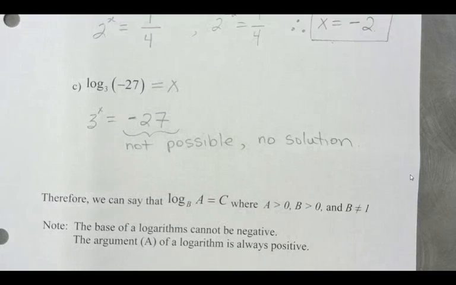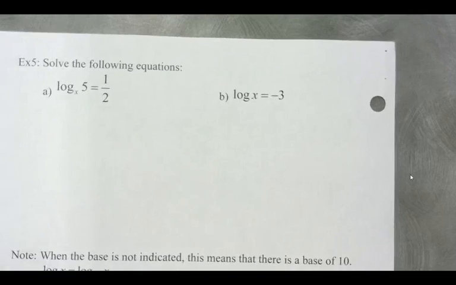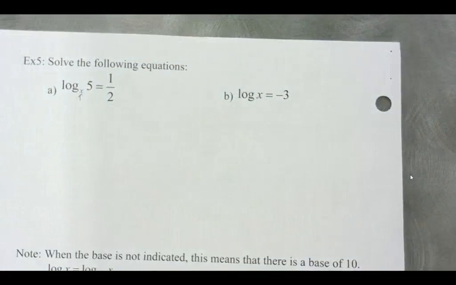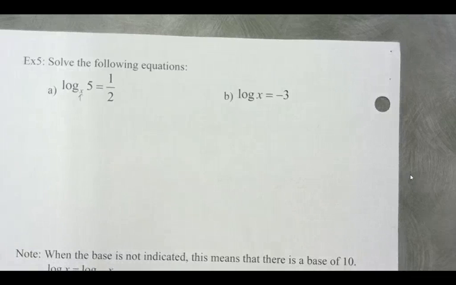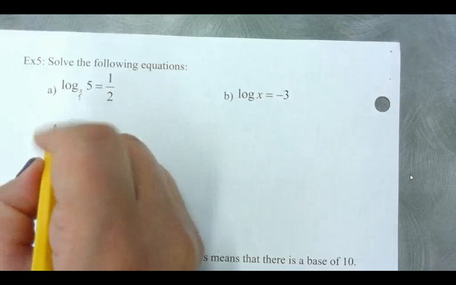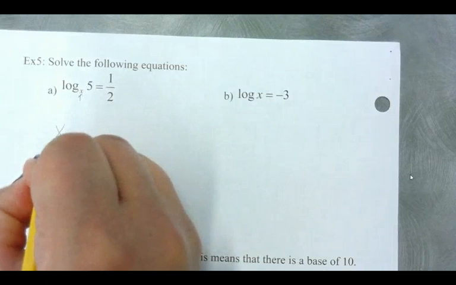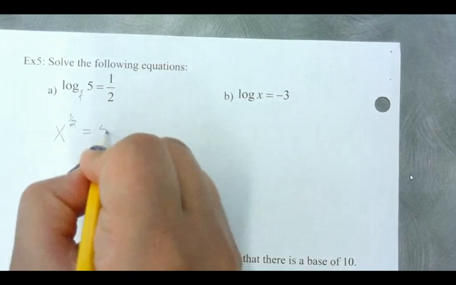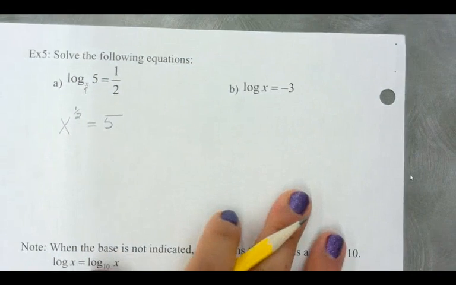Okay, so now example 5, we've just got some more equations to solve. But now what we're solving for is that x right there. Let's write that into exponential form, and that'll help us figure it out. So what can we write? We can write x to the power of 1/2 is equal to 5.